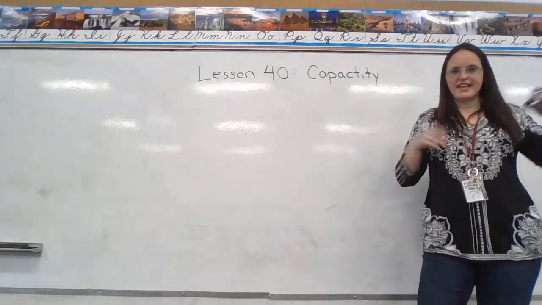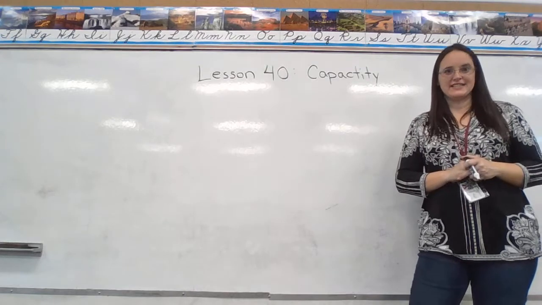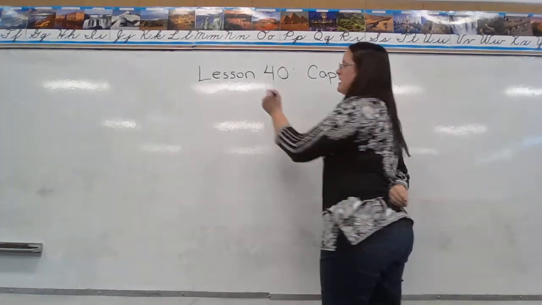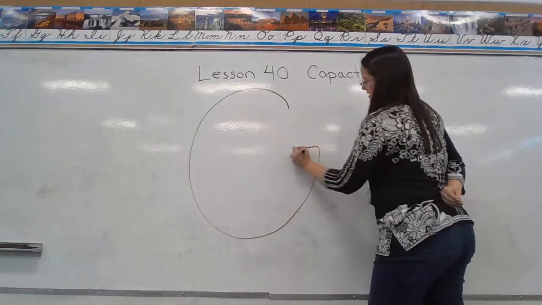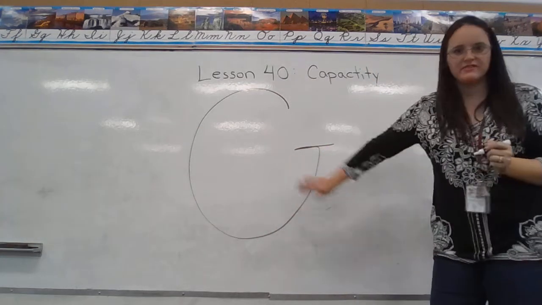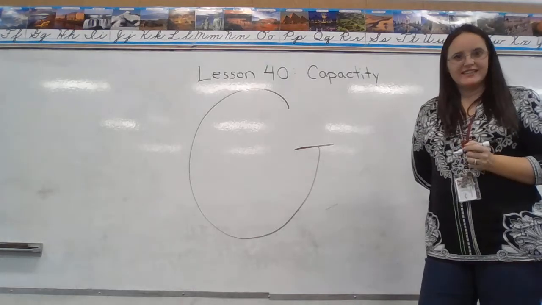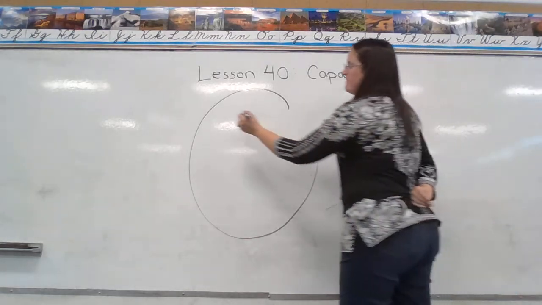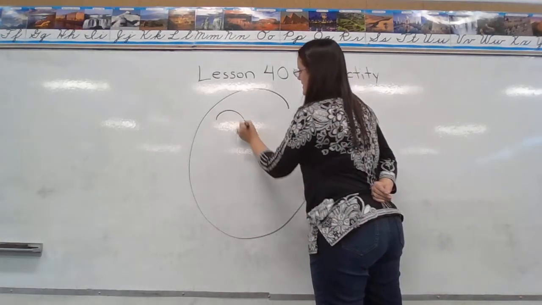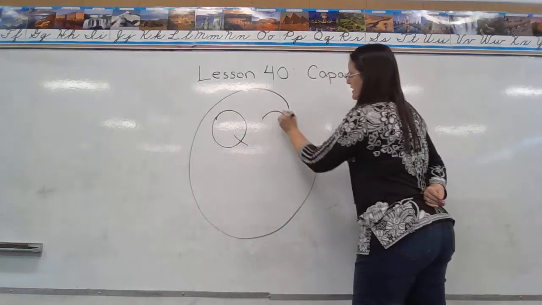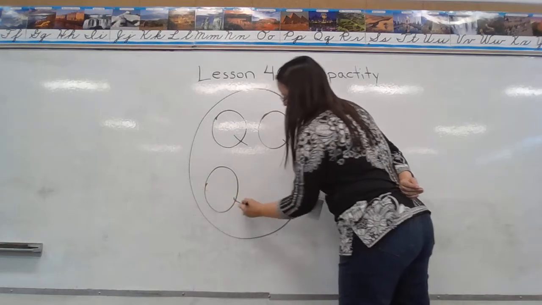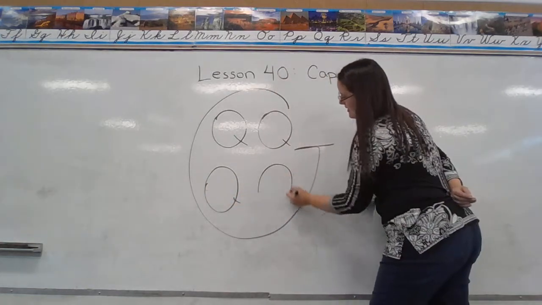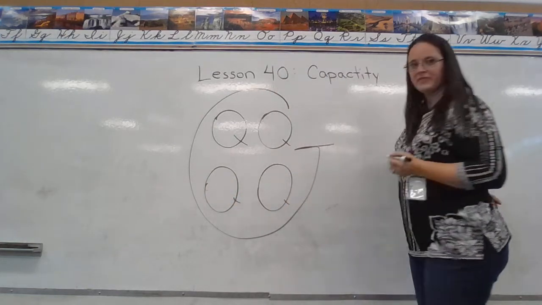So the first thing I have to share with you today is a story about the kingdom of G. Here's my kingdom of G. Inside the kingdom of G, there were 4 queens. So we have queen number 1, queen number 2, queen number 3, and queen number 4.